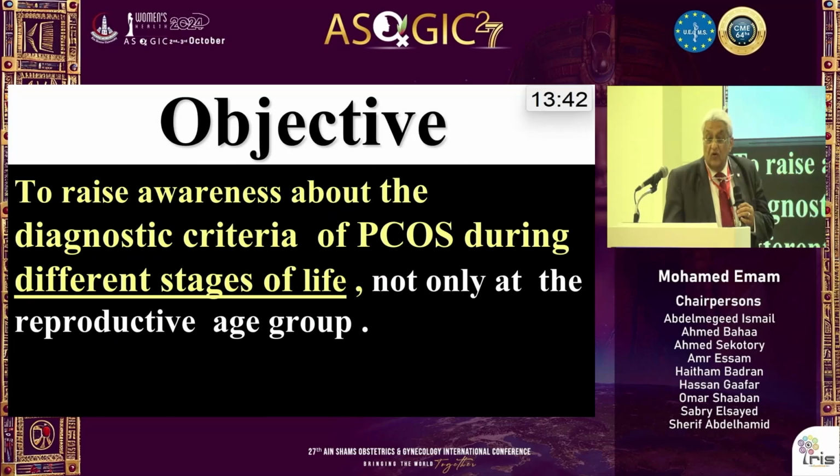So my objective is to raise awareness about the diagnostic criteria of this syndrome during different stages of life, not only the reproductive age group, like the Rotterdam criteria, which are very important for us, while we forget the adolescents and the post-menopause and the other age groups.